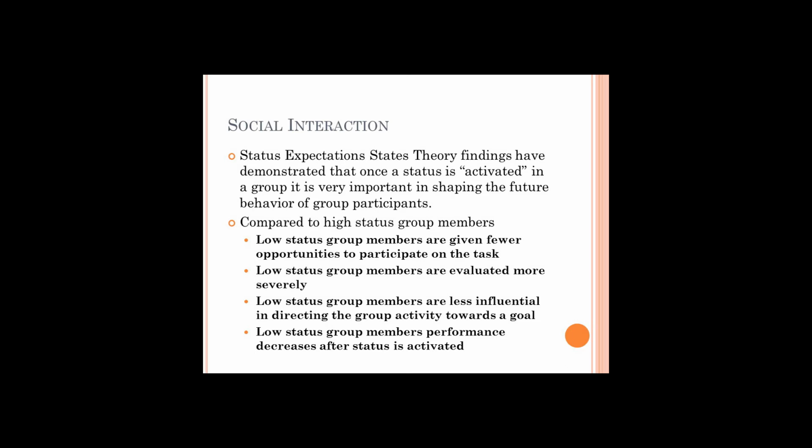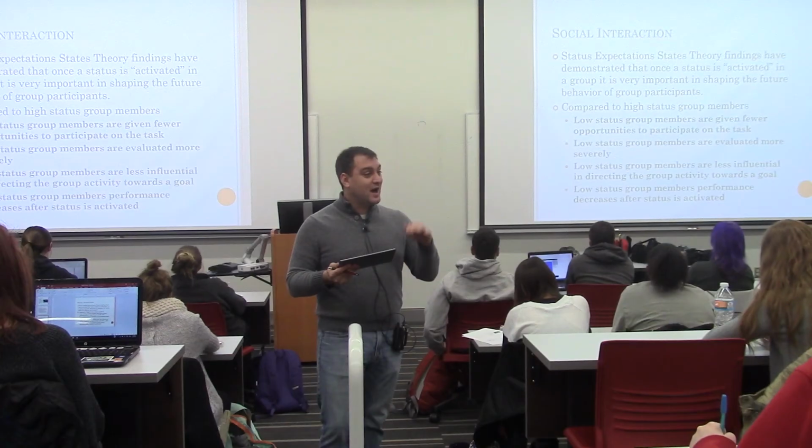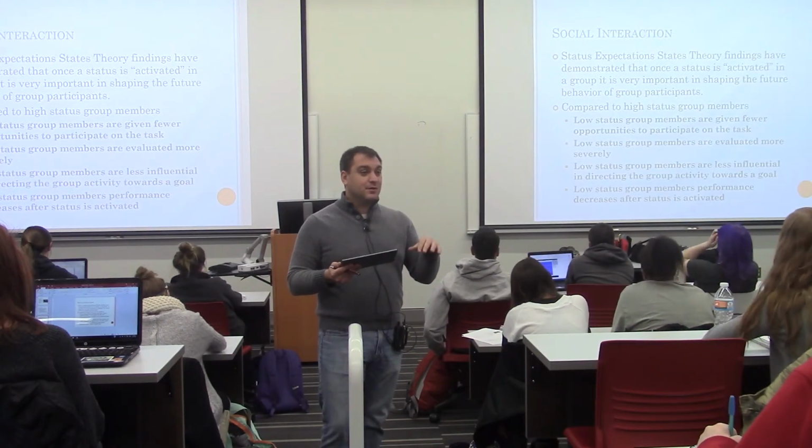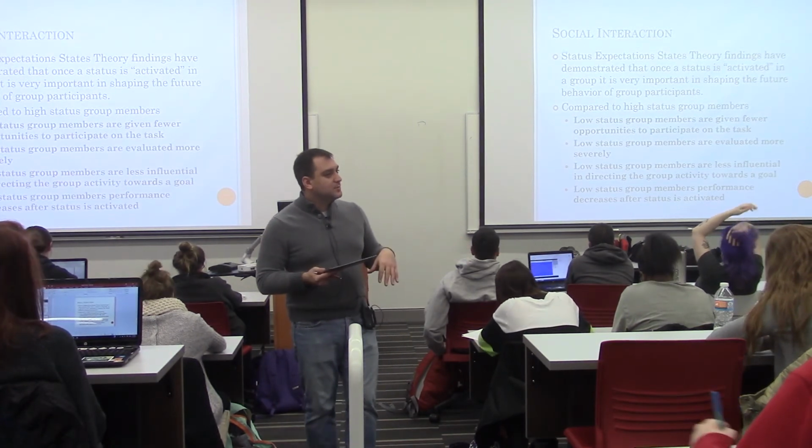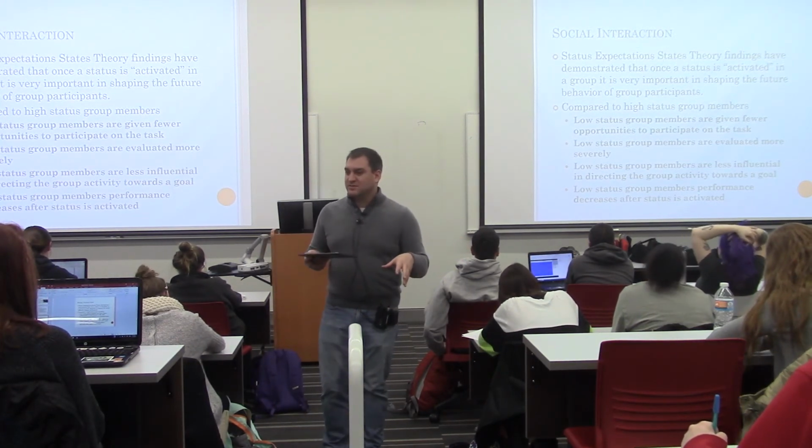Low status group members are actually evaluated more severely, independent of their actual performance. You can have a low status group member who put 5 puzzle pieces together, and a high status group member who put 5 puzzle pieces together, and the low status member is going to be evaluated lower, even though objectively they contributed the exact same amount to building that puzzle.